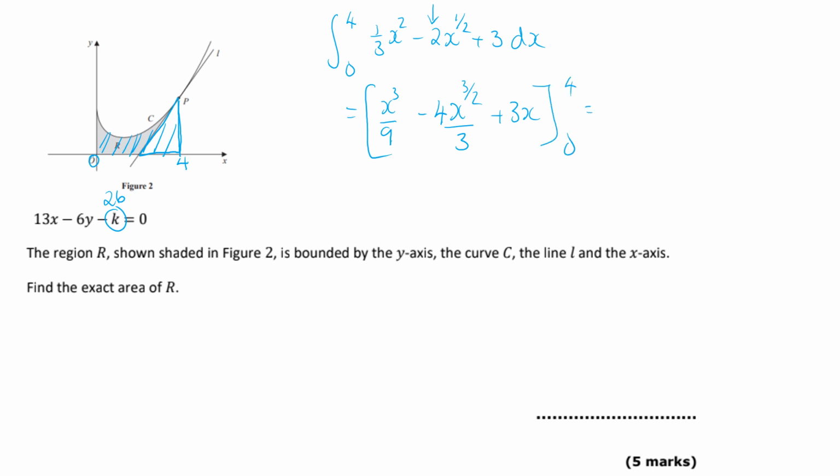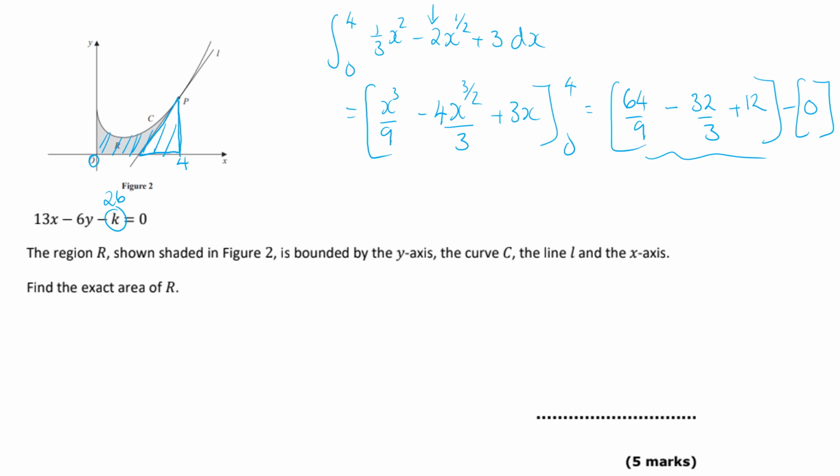Subbing in the limits, 4 cubed, 64 over 9, minus square root of 4 is 2, 2 cubed is 8, and 8 times 4 is 32 over 3, and then plus 4 times 3 is 12, minus, put in the 0 in the bottom limit, that's going to be 0. So this is the area under the curve, and we'll need to take away the area of that triangle.